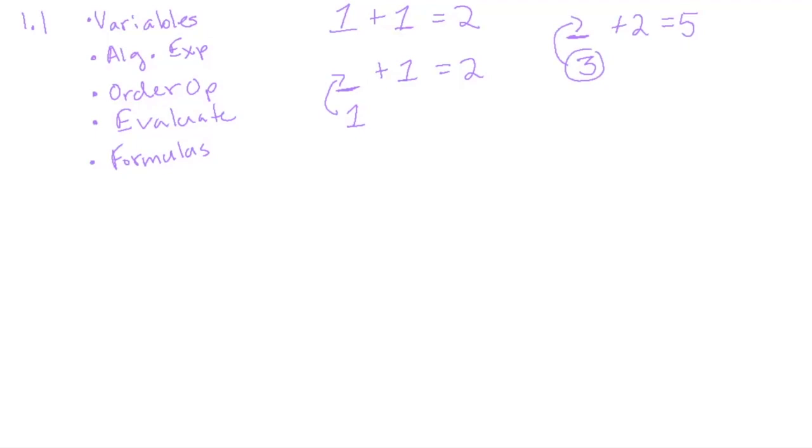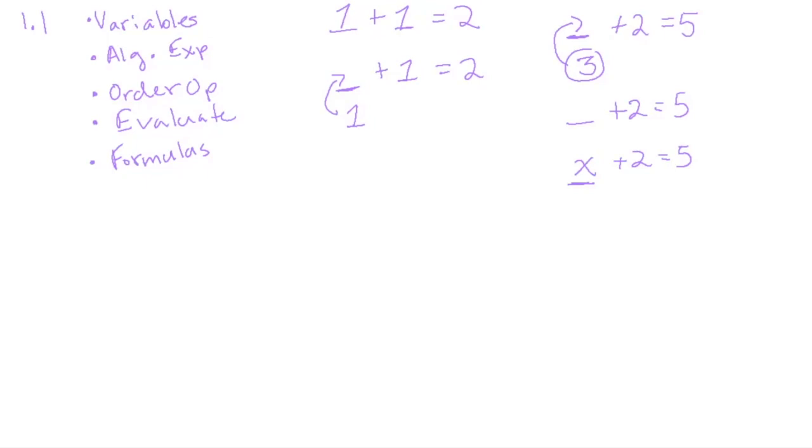So for example, instead of saying blank plus 2 equals 5, I can say x plus 2 equals 5, where x is my variable. x is the unknown. It's the thing that I do not know yet what it is, but I can find out.